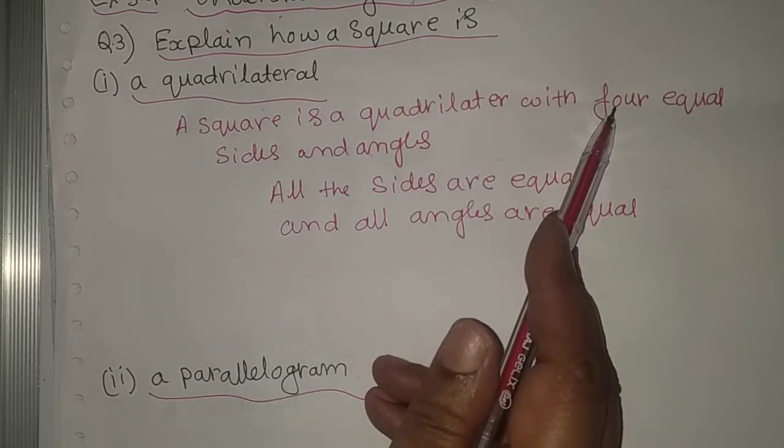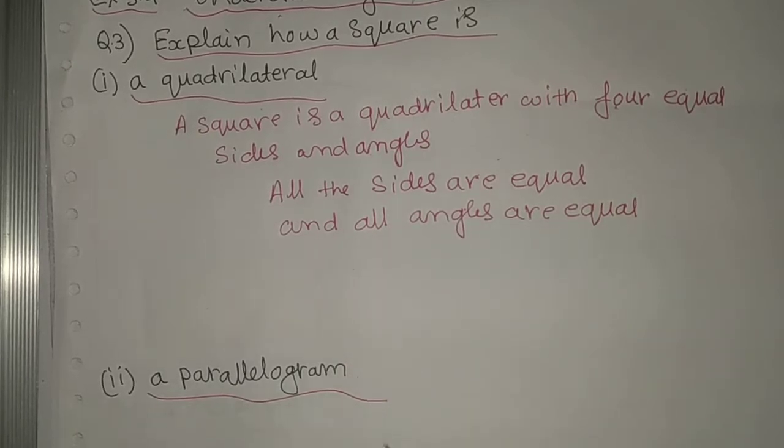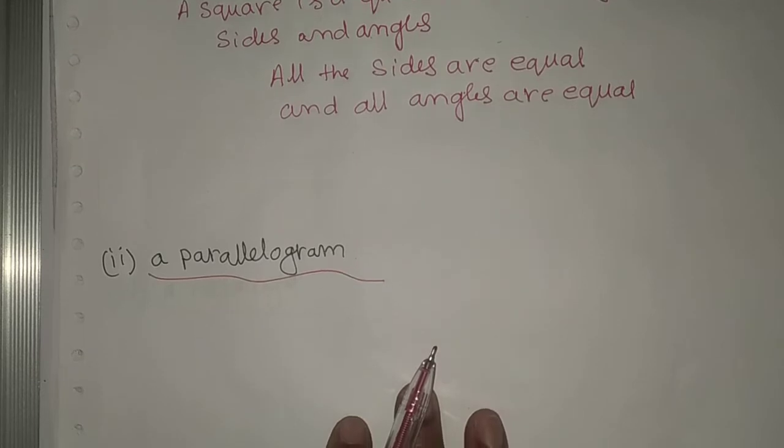How? Like this, 4 angles, 4 sides, all the angles are equal, all the sides are equal.